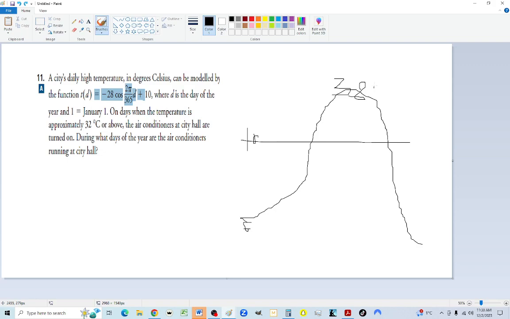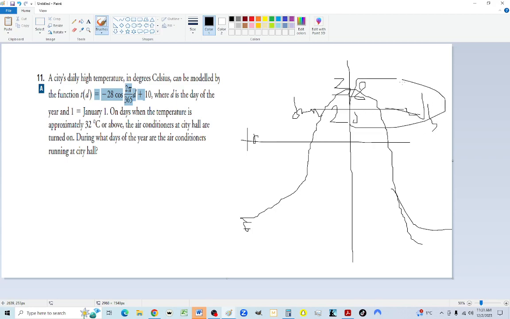So clearly 38 is quite high. Clearly this is going to be around June, the middle of the year, right? Because the cosine middle is at the peak. June 30th, let's say, and July 1st will be the peak. So we're going to expect somewhere around June 20th to July 10th, sort of thing.